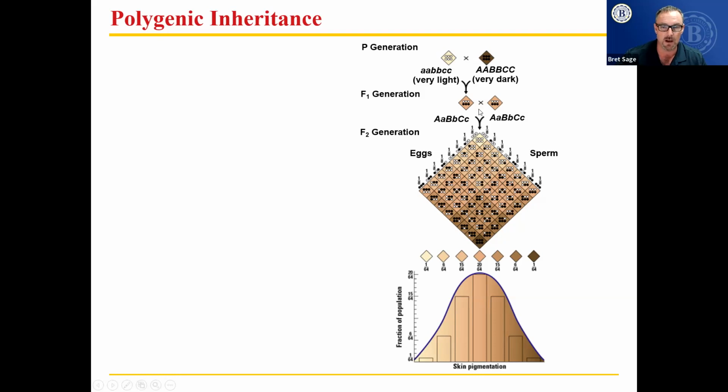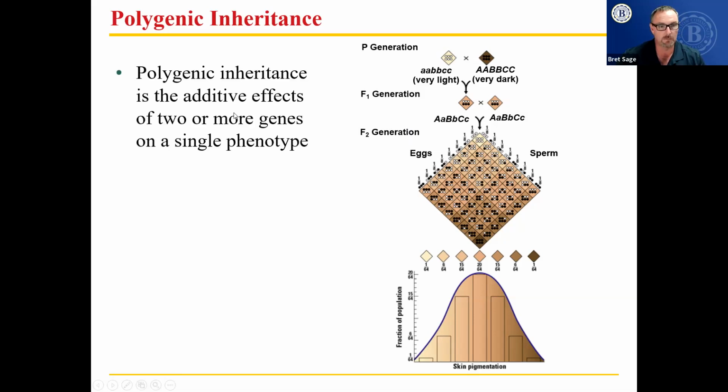So if you found somebody who had intermediate brown skin and they married somebody else of intermediate brown skin, you could have children all the way from completely pale to completely dark, depending on what combination of these genes were passed on, because at each spot, you can either give the light or the dark, light or the dark, light or the dark. So these are all the combinations of gametes that a person can give for skin color.